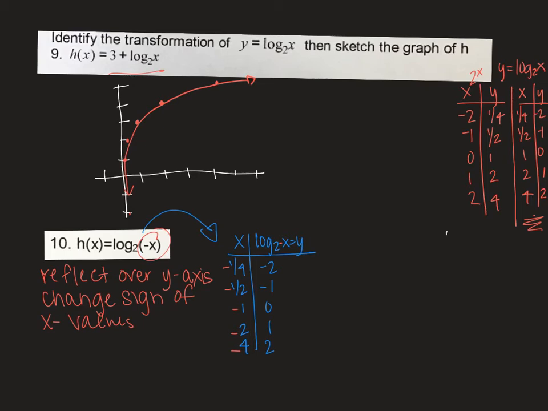And that's what we're going to graph. So we've got negative 1/4, -2; negative 1/2, -1; negative 1, 0; negative 2, 1; and negative 4, 2. So same shape, just reflected over the y-axis.